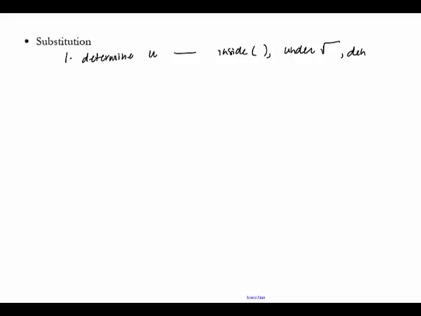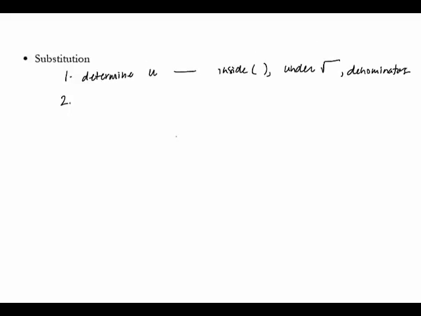Denominators make good u's. Pretty much anything that would make you think, I am going to need chain rule if I differentiate this. Once we determine what the u substitution will be, we want to find du. What is the derivative of that expression?